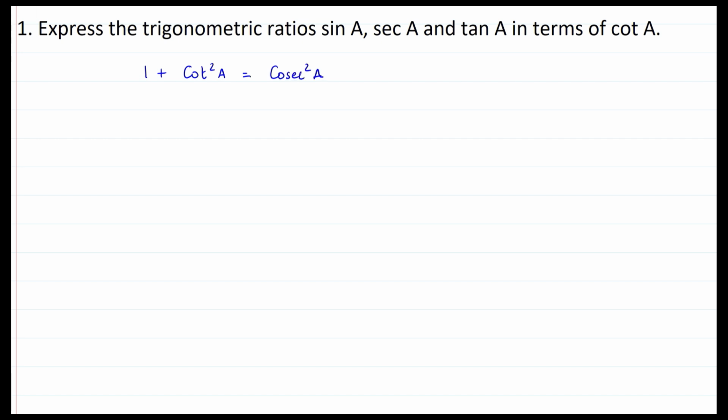So sin A is given by sin A is equal to 1 by cosecant A. So instead of this one can be substituted here.